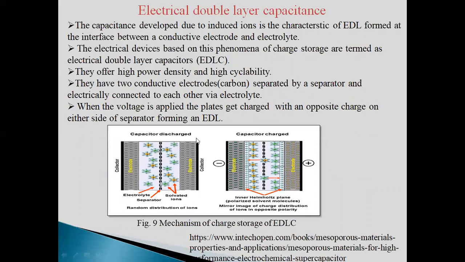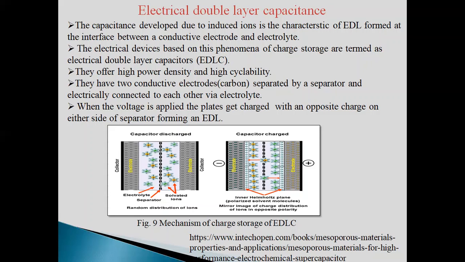So these were all the different models that were used to explain the electrified interface structure or the electrical double layer. Now this electrical double layer gives rise to an electrical double layer capacitance due to the induced ions that are formed at the electrical double layer.